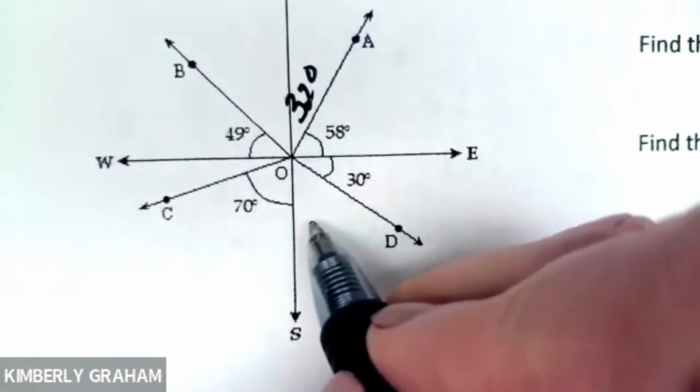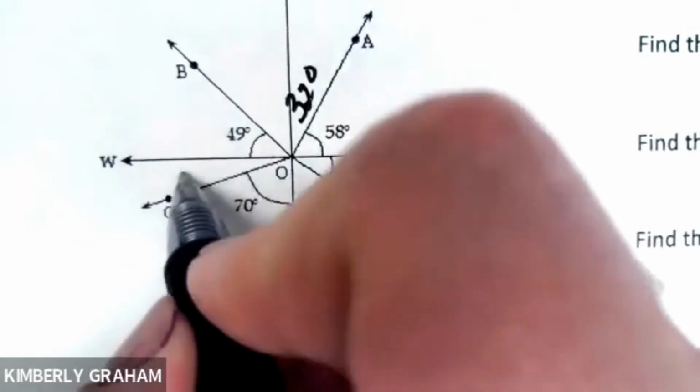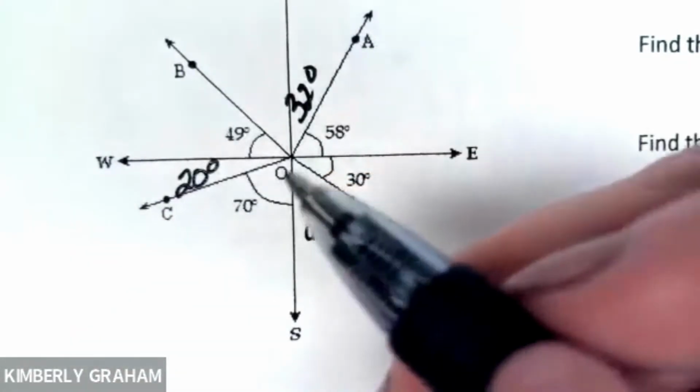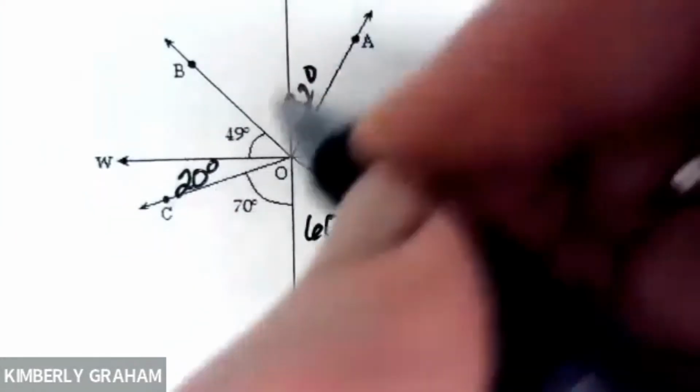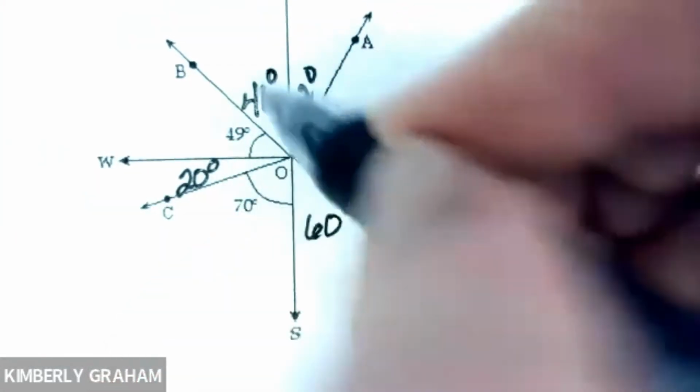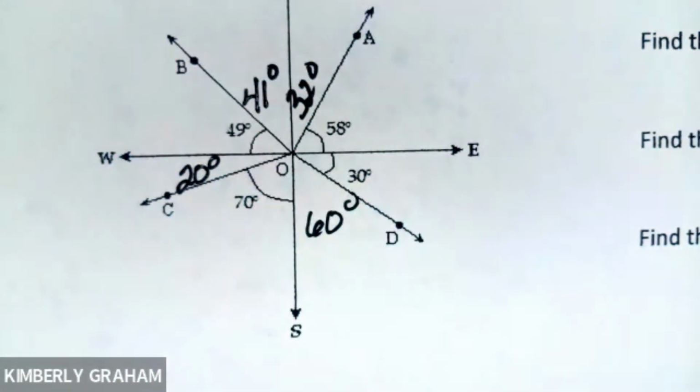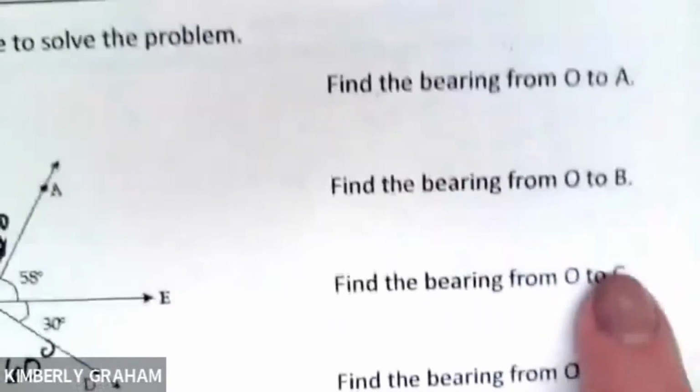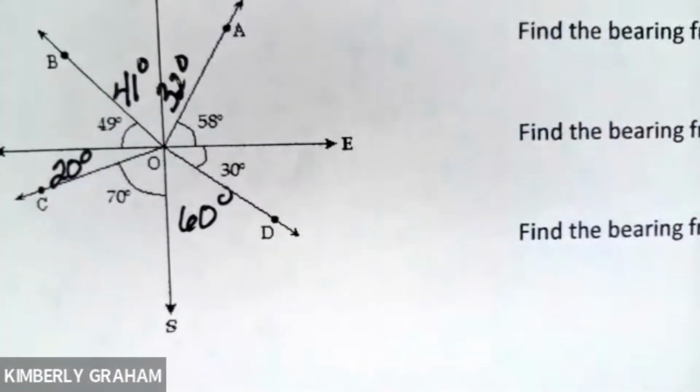This is going to be 60 degrees. This would be 20 degrees. And this would be 41 degrees. Okay. So I do that first of all, because I know that over here, I've really got 4 problems in one. So I'm just going to go ahead and do that all at once. Get that over with.